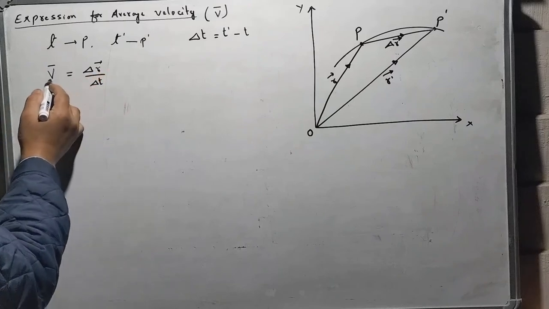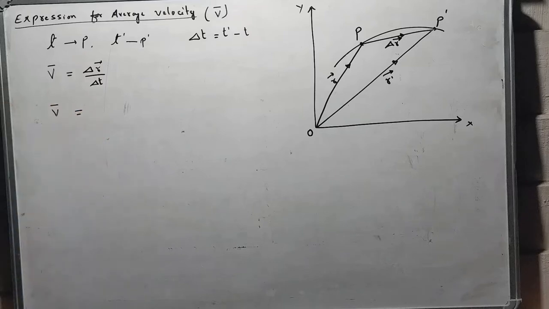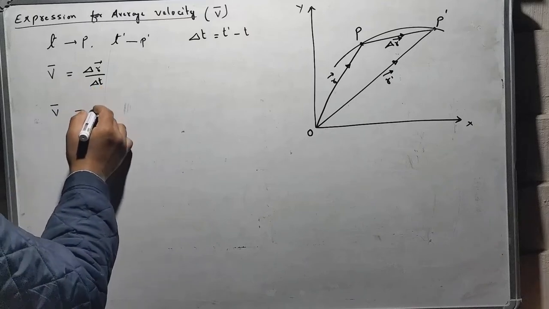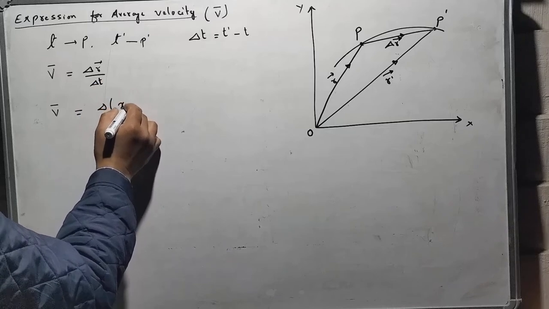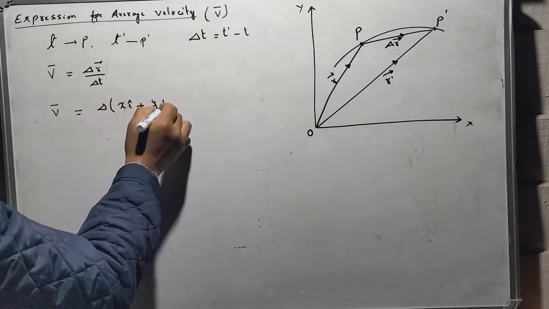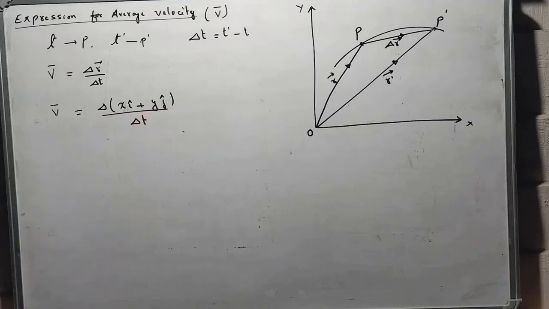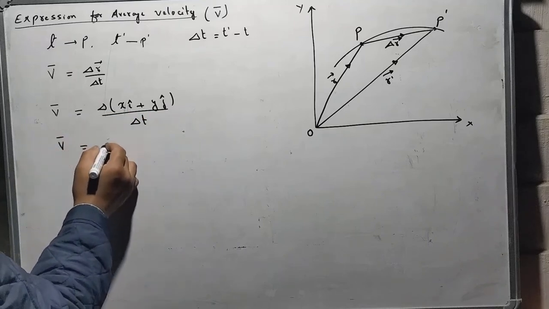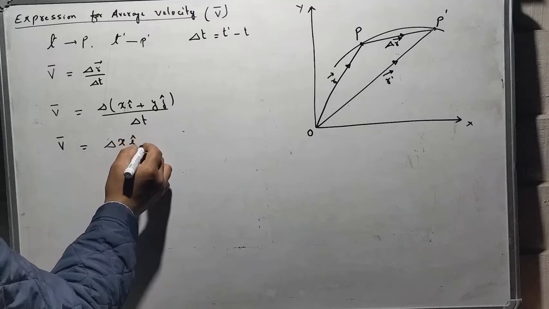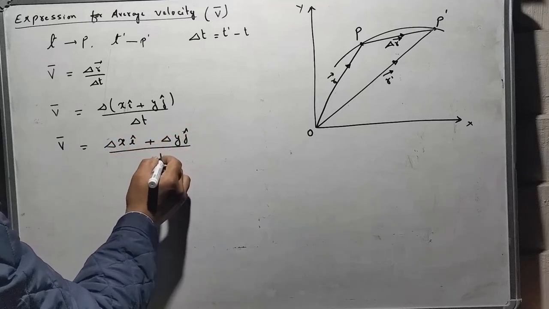Now if this is the average velocity, then in terms of rectangular components, v bar is equal to delta r arrow upon delta t. Instead of r arrow, I can write xi plus yj, so v bar is equal to delta x i plus delta y j upon delta t.